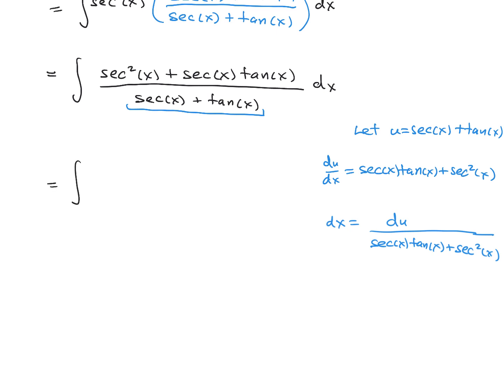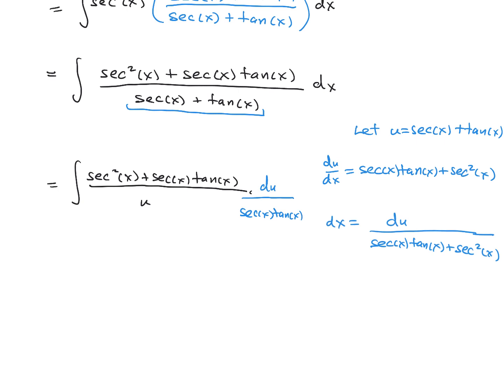So this is now the integral with a secant squared of x plus secant of x tangent of x over top of u times du over the secant of x tangent of x. Yeah, we need to write more space in here.